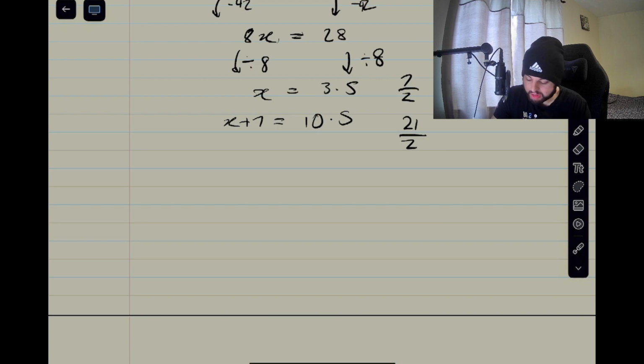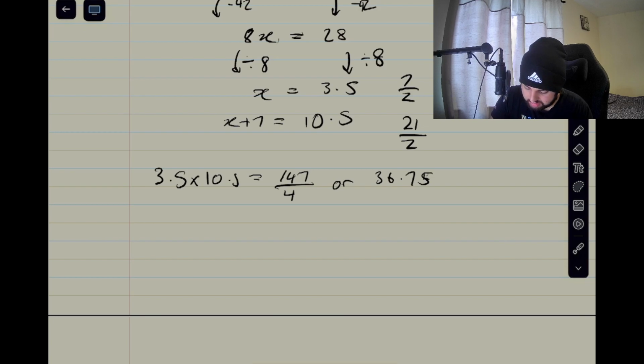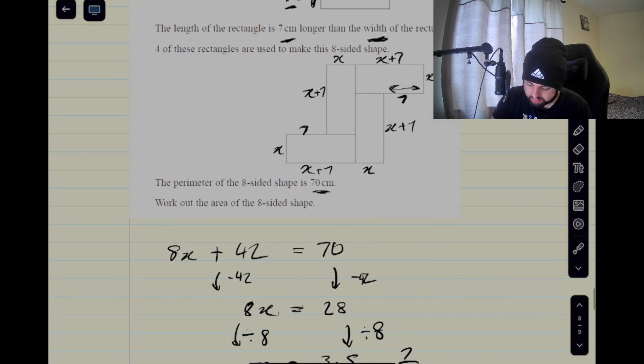Let's just assume this is a calculator paper. So just do 3.5 times 10.5. This is going to be either 147 over 4, or it's going to be 36.75. So this is the area of one of these rectangles.